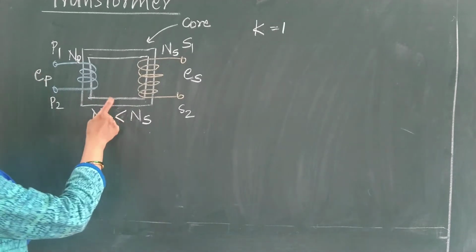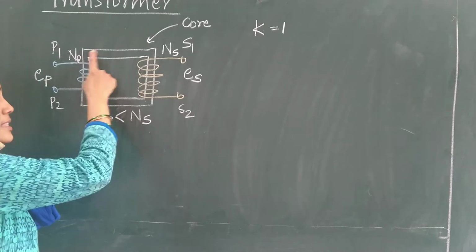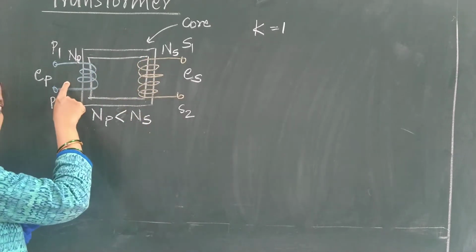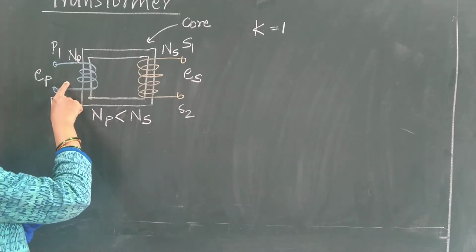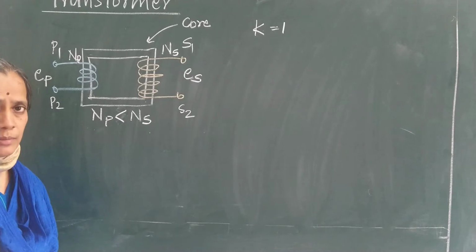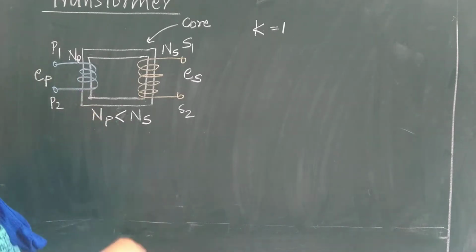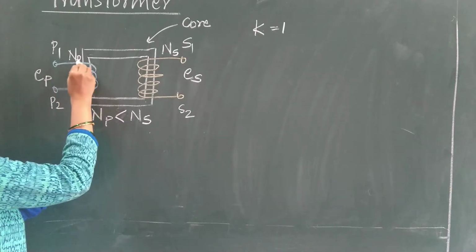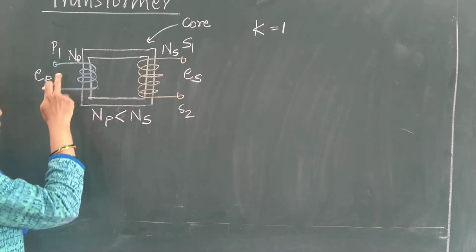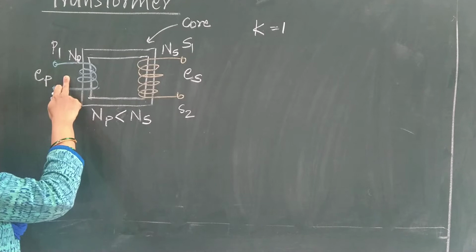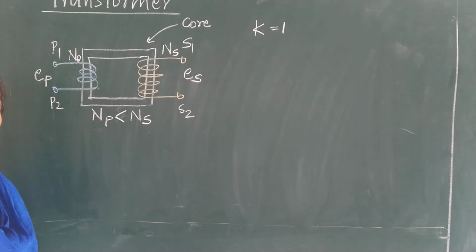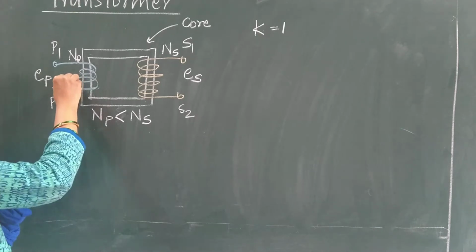So here is that case. Here the same core we have used, and over that same core, at the left side we have wound the primary coil, and at the right side we have wound the secondary coil. Now what happens here? Whenever there is a change in current through the primary coil, due to that change in current there will be a change in magnetic flux in the same coil.